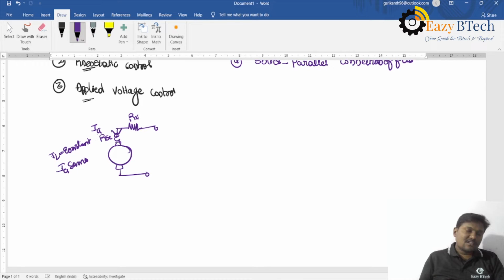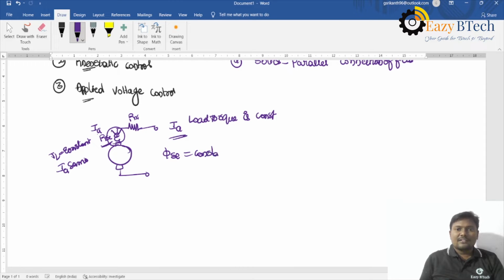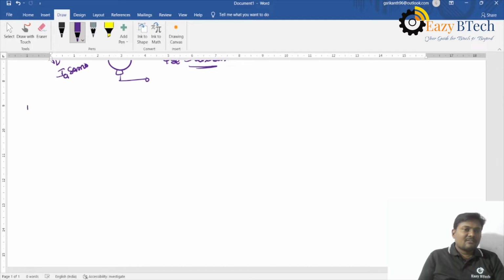IA we can't change by adding an external resistance in series with the series field winding, because the load torque is constant. If IA is constant, the current flowing through the series field winding is also constant, and the flux developed is also constant. There is no change in the series field current for a particular load. So that's why we go for the field diverter control.